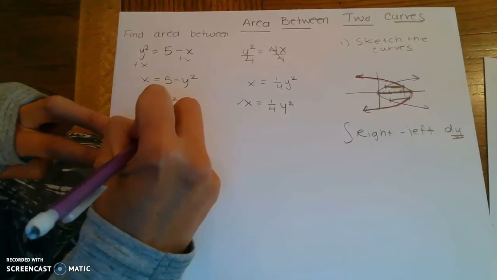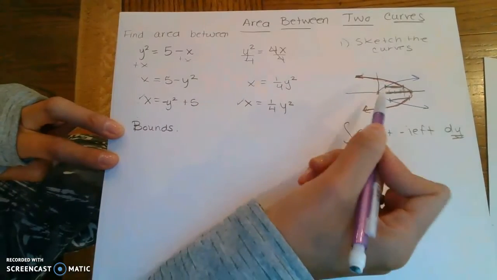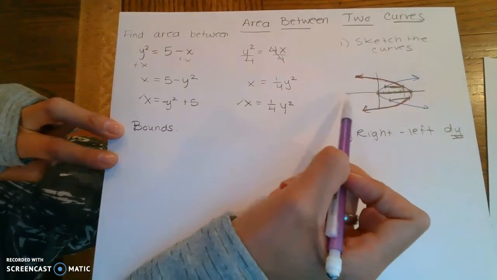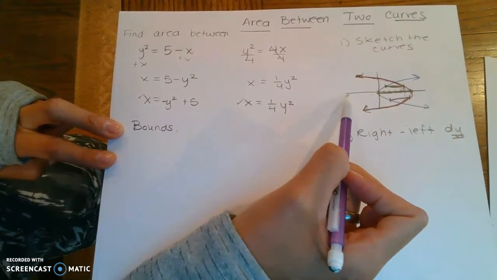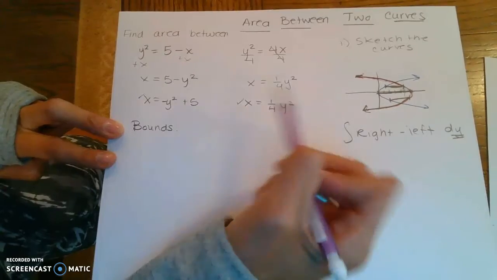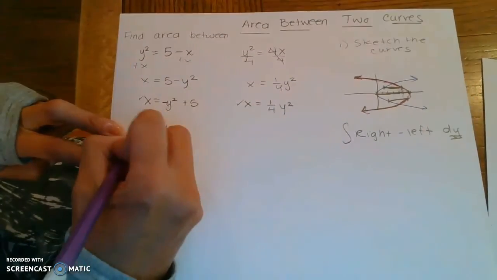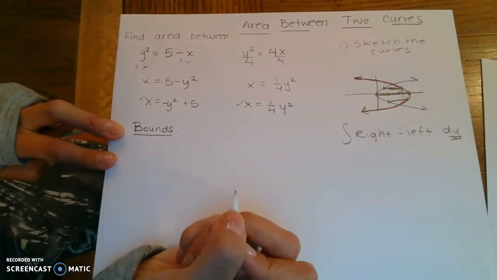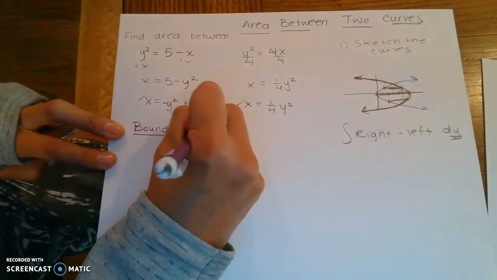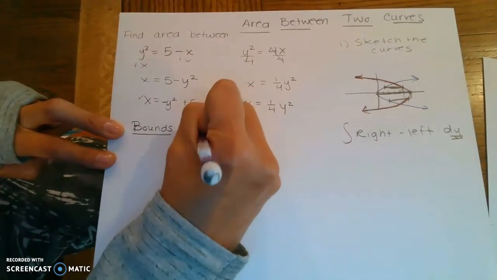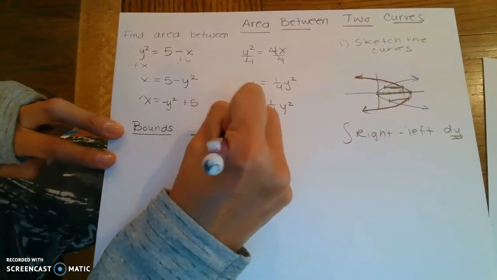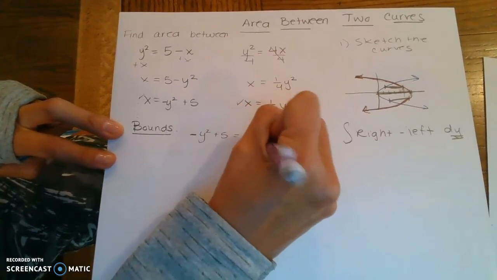Okay, so finding our bounds. Let's go back through that list. We sketched this. We've decided what rectangle we want to draw. It's horizontal. We have our equations in the correct form, and now we're on to step 4, where we're just finding the bounds, and we do that by setting the two equations equal to each other. Negative y squared plus 5 equaling 1/4 y squared.